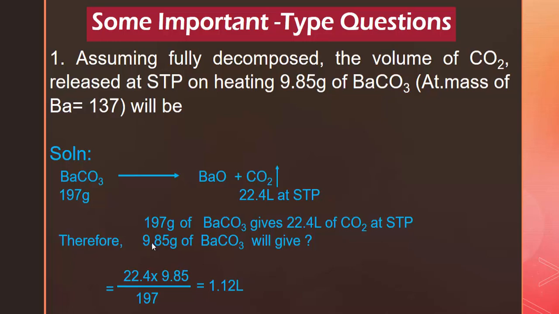So 9.85 into 22.4 divided by 197, upon simplifying, you'll be getting the answer as 1.12 liter. This is a direct substitution problem. So option A, 1.12 liter is the correct answer.